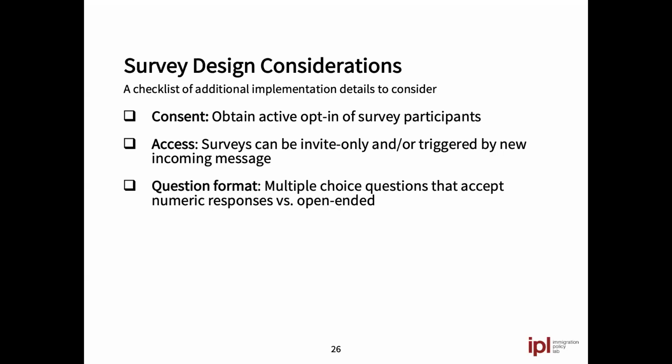The next consideration is question format. We've shown in the demonstration, the short video earlier, that there is logic and branching that you would incorporate in your survey flow to designate which survey responses are accepted and which may not be accepted.